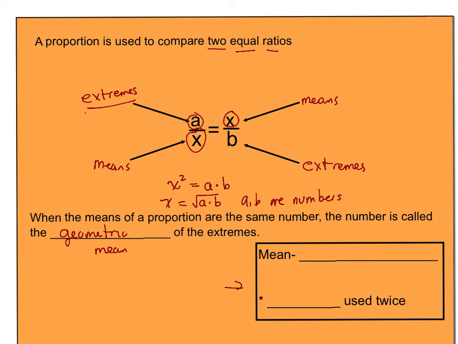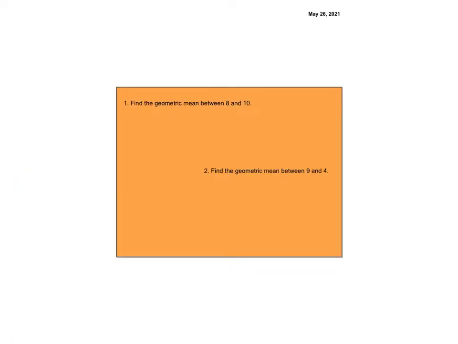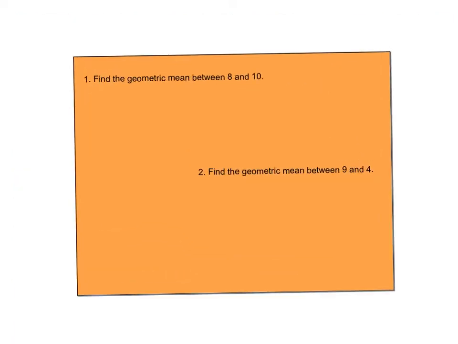This is called mean extremes, but we use mean twice. Don't get too hung up on this if you're not 100% sure. Algebraically, this is the punchline. This is what you want to be able to do here, but you also want to understand what that represents.